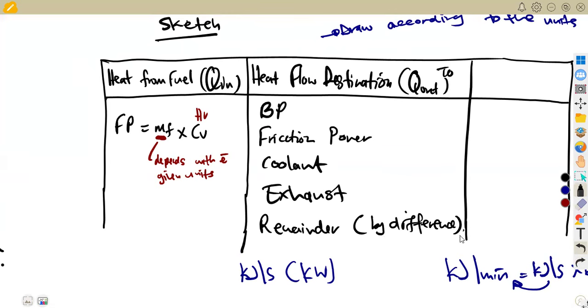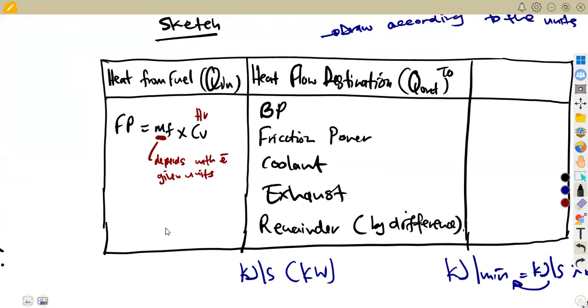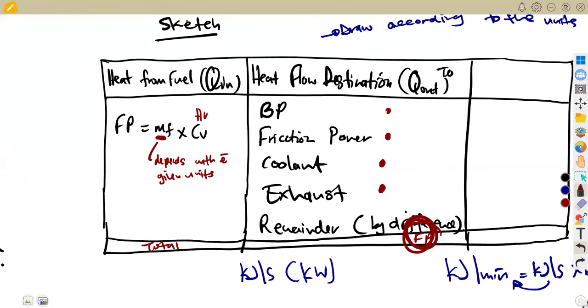Remember, we have a total, which is the Qin, the total heat that we have, our fuel power. So we subtract the brake power, the friction power, the coolant and the exhaust from the fuel power, and you get the remainder. That is how you get the remainder by difference.